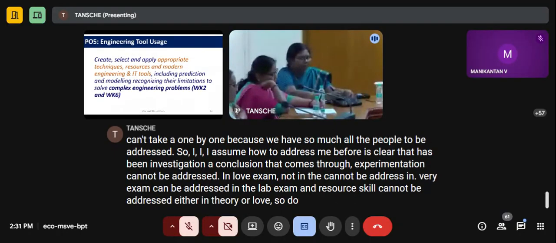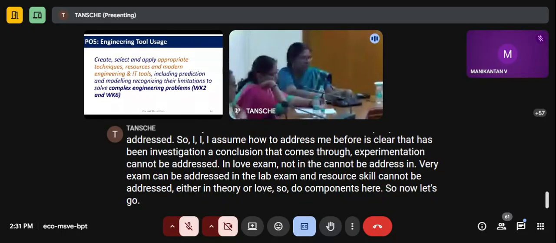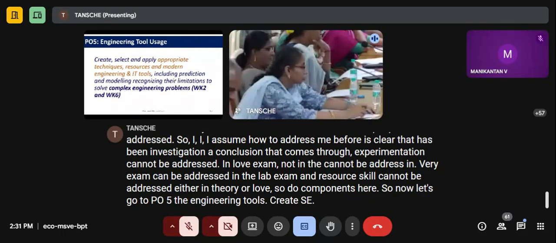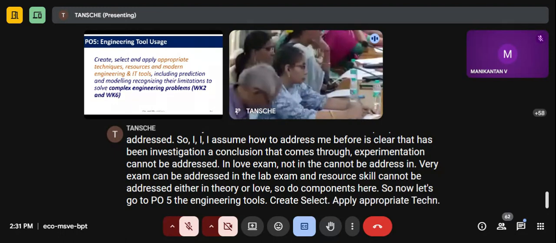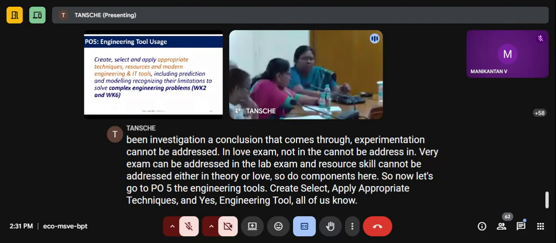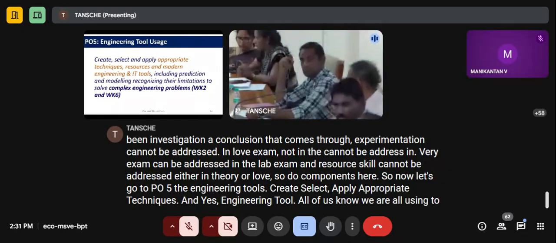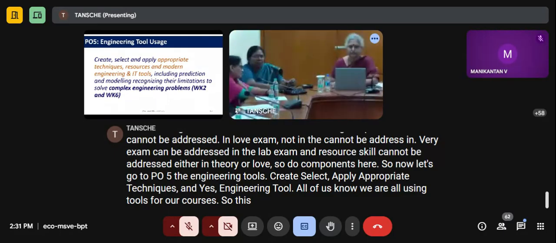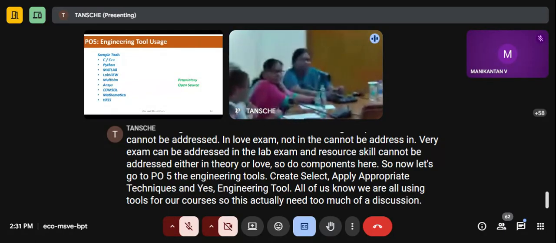So two components here. Now let's go to PO5, the engineering tool: create, select, apply appropriate techniques. All of us know we are using tools for our courses, so this doesn't need too much discussion.